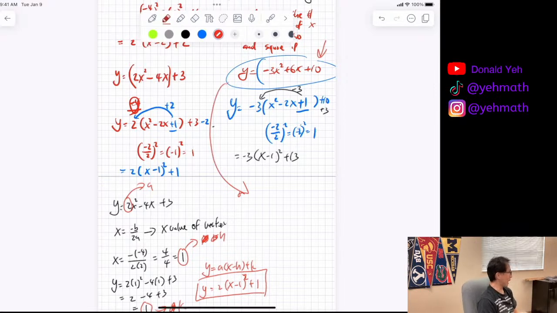You should get the same exact answer. So that way you can know, okay, am I doing it right? Because you have 2 alternative ways to do it. Now, how do I change it from vertex to standard? Just expand them.